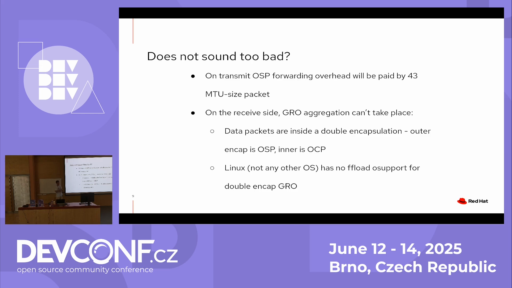And this means that on the receive side, small MTU size packets have to traverse the whole OpenStack topology and the whole OCP topology, experiencing a lot of overhead.